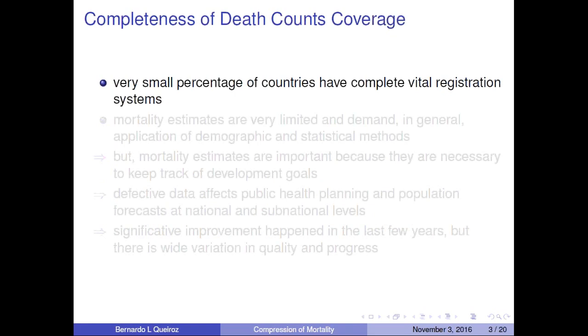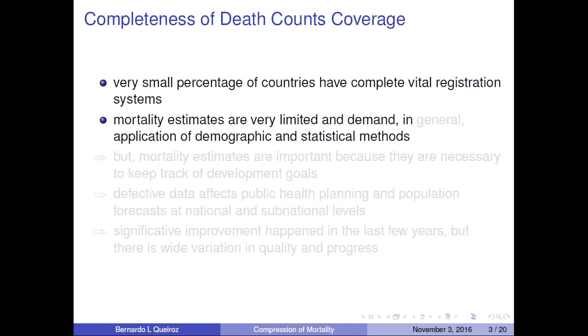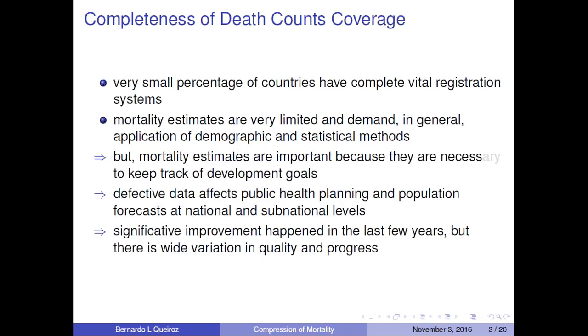So the main idea, as we heard this whole afternoon, is that a very small percentage of countries have complete vital registration systems. Therefore, mortality estimates are very limited and demand general application of demographic and statistical methods to obtain proper estimates of life expectancy, for instance. And this is important because mortality estimates are necessary to keep track of development goals.